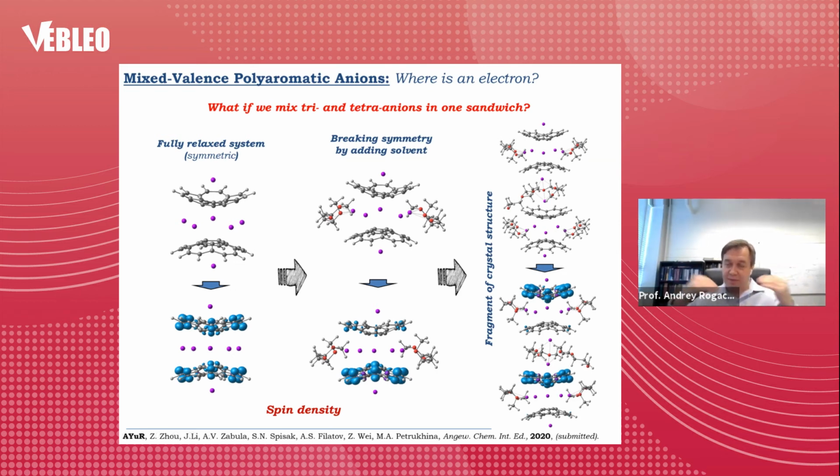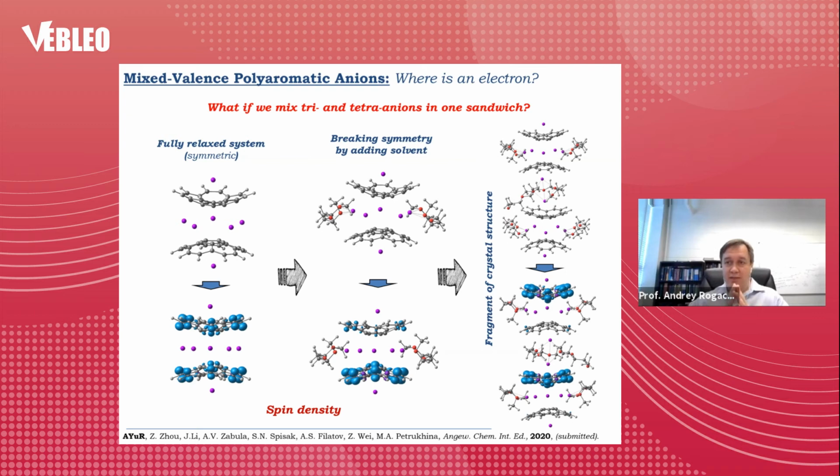But by changing the environment, we can play with it. We can move it to more localized or less localized structures. That's interesting because it shows that in such supermolecular aggregates, this spin density, or unpaired electrons, is a highly fluid thing.